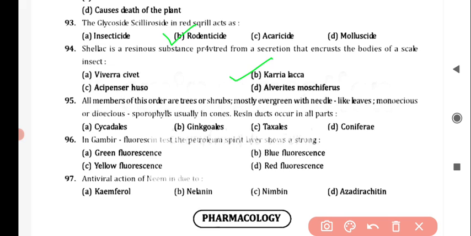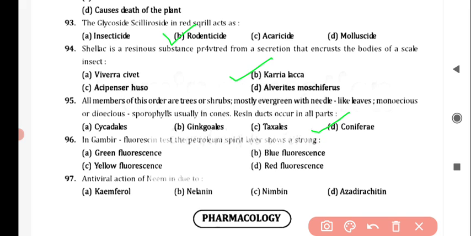Next question is all members of this order are trees or shrubs, mostly evergreen with needle-like leaves, monoecious or dioecious sporophylls, usually in cones. Resin ducts occur in all parts, and the correct answer is option D, coniferae.